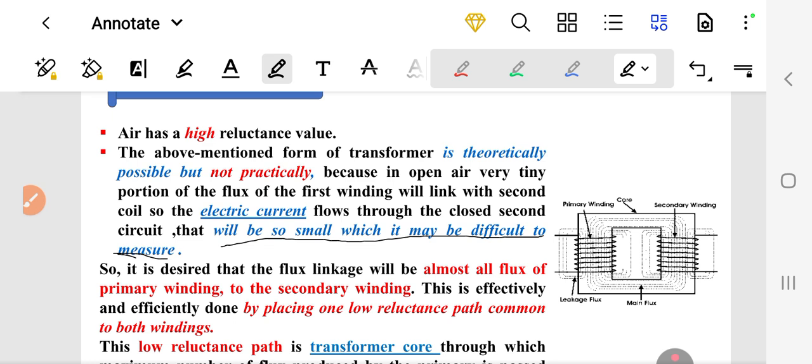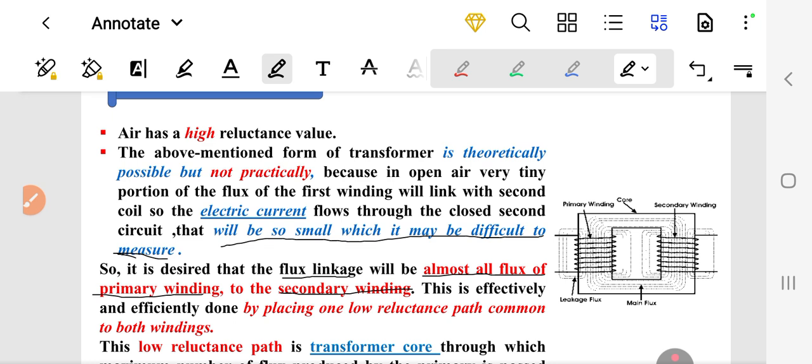So we desire to make the flux linkage almost all the flux produced by the primary winding. We need all the flux from the primary winding to reach the secondary winding, or the flux linkage is 100% of the flux produced by the primary winding.